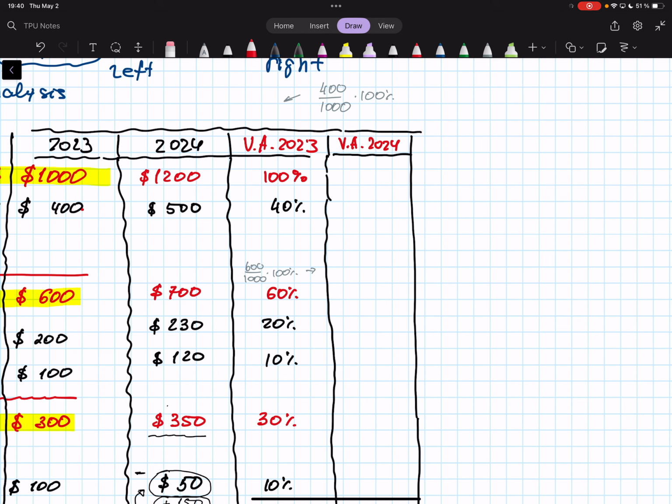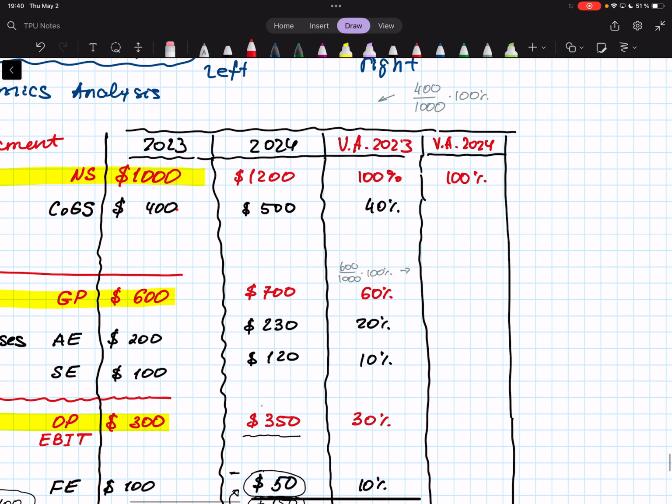So the base is how much now? 1,200. This 1,200 is 100%. Now, what about cost of goods sold? I should take the 500. 41.66. Well, let's round to the percent. 42%.